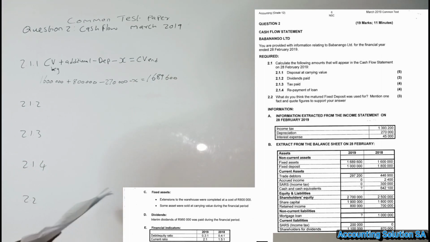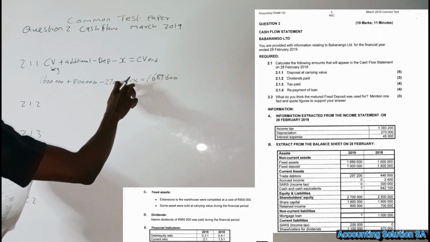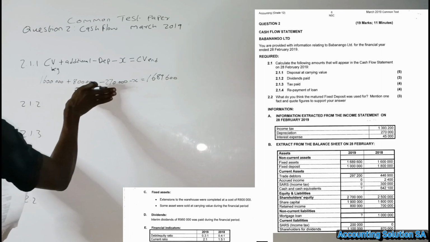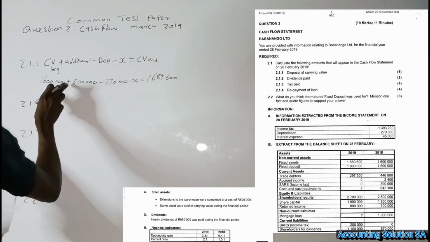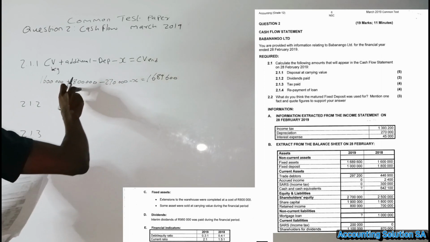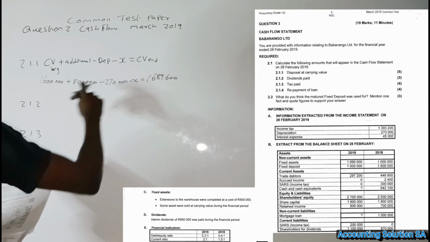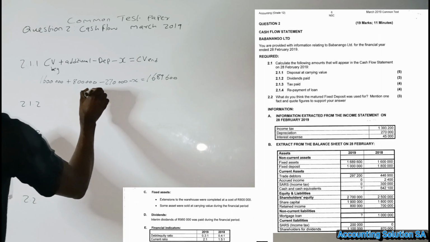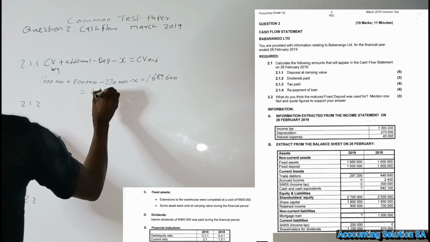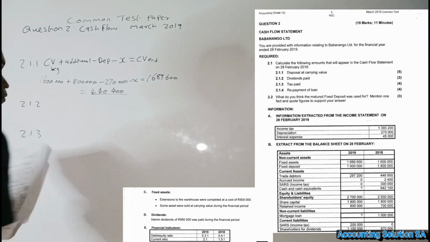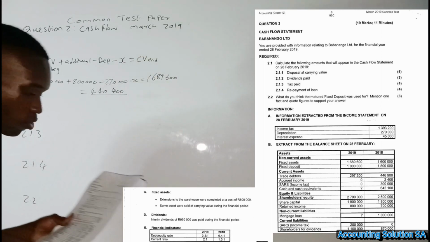After that, you know how to solve for X. This one will go to this side and all these items will go to the other side and change the sign. This one will become minus, this one will become minus, and this one will become plus. Then you will get your answer of 440,400. Simple as that. It's 4 marks for this one, so you get your 4 marks.